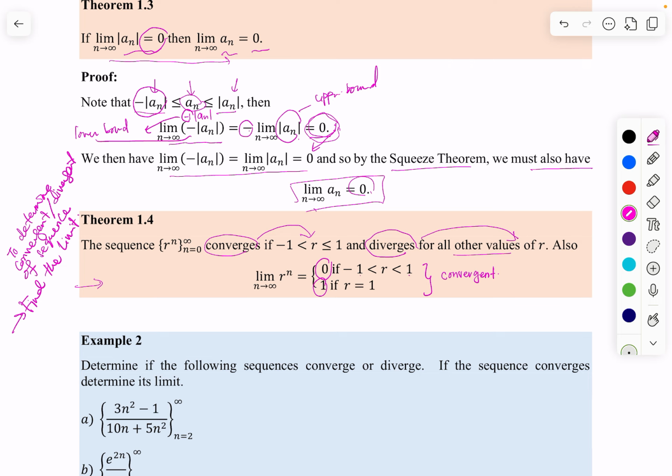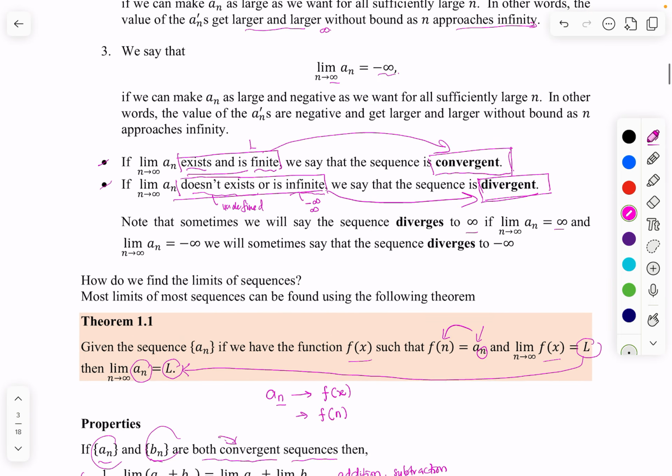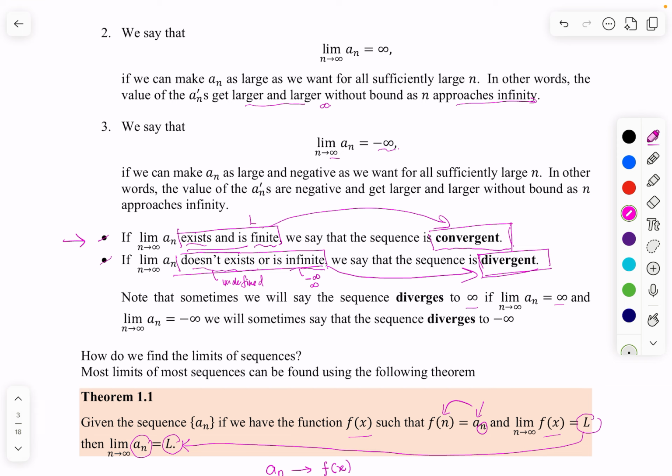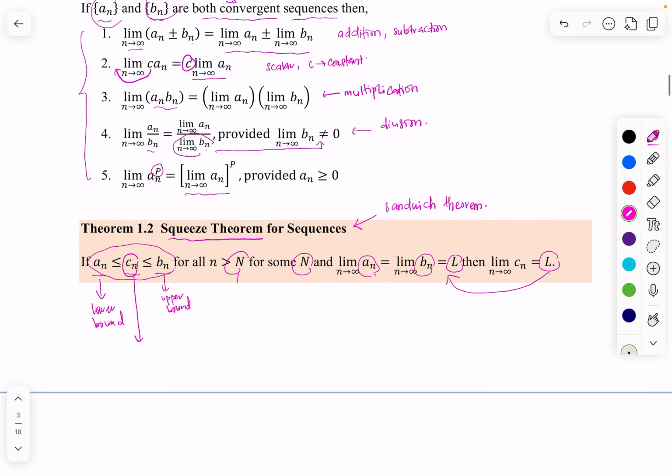Okay, and we apply these two things. You can determine based on these two things. So you find the limit first, and then you decide, is the sequence convergent or divergent?